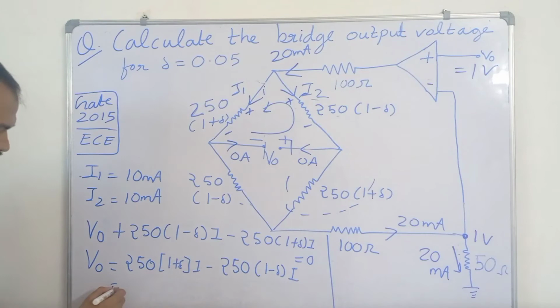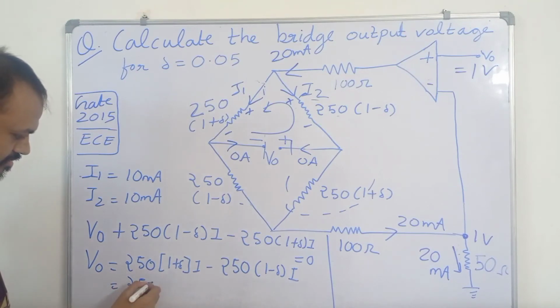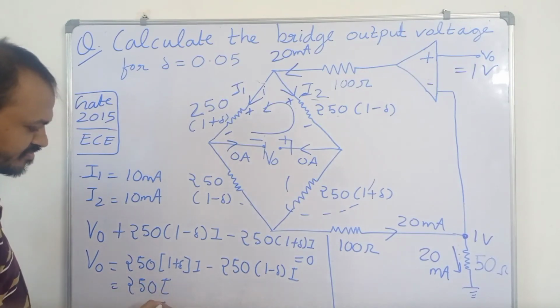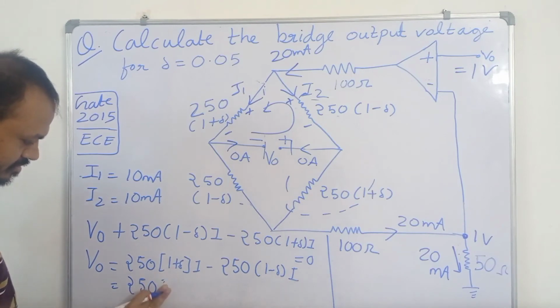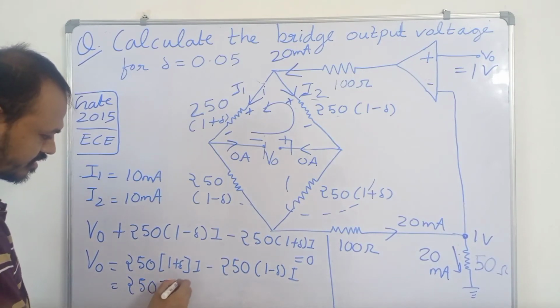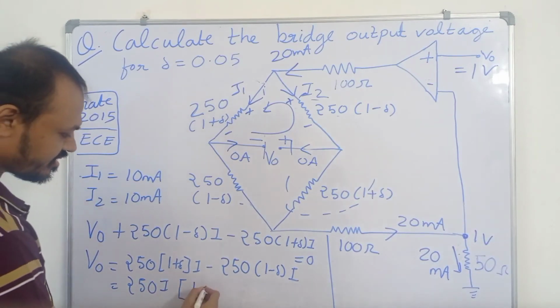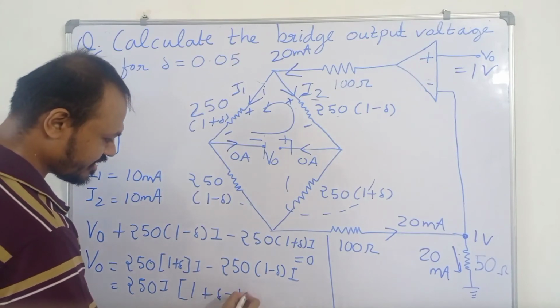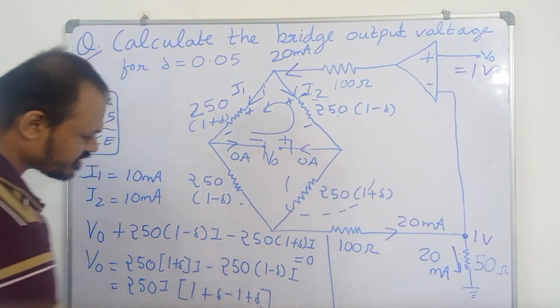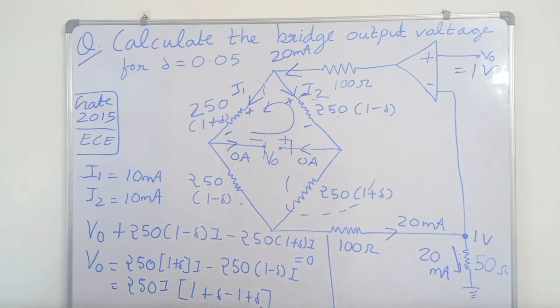So we can take 250 common and I also common. So 250 I times 1 plus delta minus 1 plus delta, so this will be equal to 2 delta.